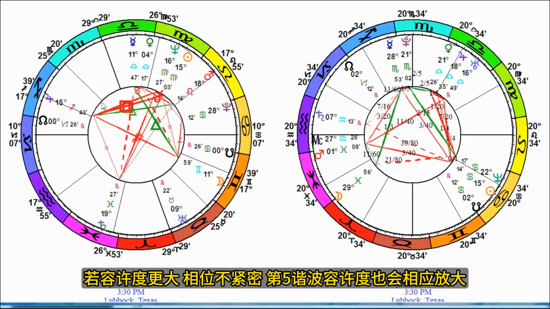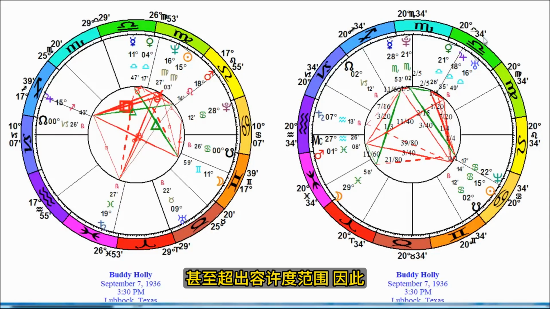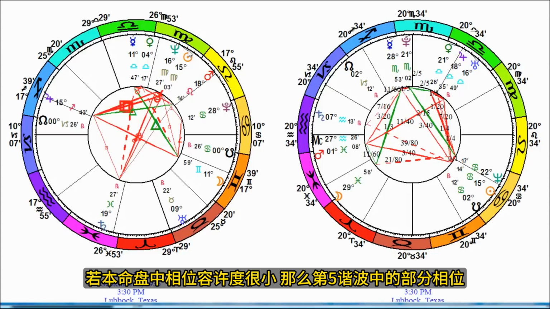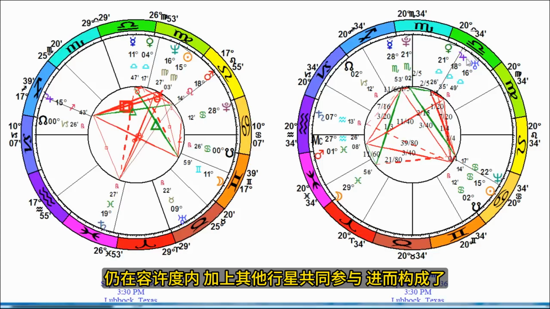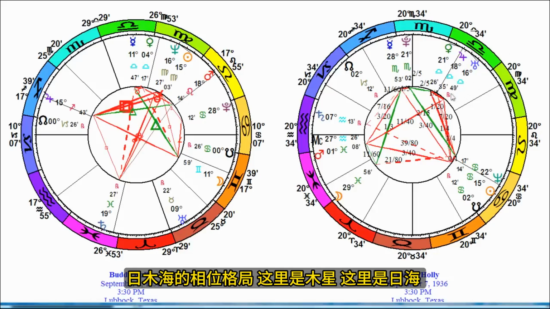If these orbs are larger, if the aspect wasn't as tight, these orbs in the 5th harmonic would have gotten very big and it would have gone out of orb. So because the aspect has small orbs in the natal chart, some of these aspects are still within orb in the 5th harmonic chart, and other planets are getting involved in aspecting the Sun, Jupiter, Neptune.